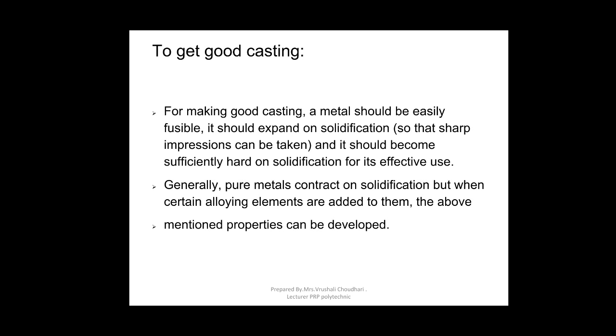It should expand on solidification so that a sharp impression can be taken, and it should become sufficiently hard on solidification for its effective use. Generally, pure metals contract on solidification. So if they shrink, they will not get the shape of the mold. Therefore, alloying is done so that contraction will not take place.